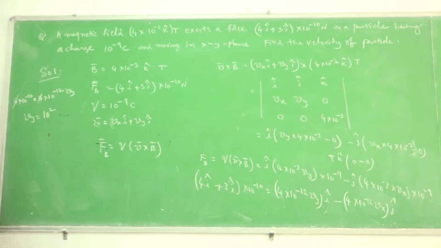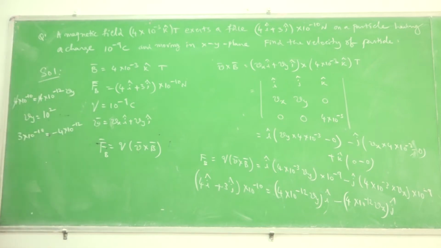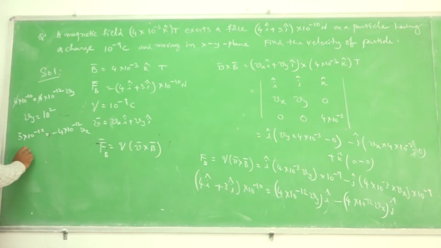Similarly, if you compare j coefficients, 3 into 10 power minus 10 must be equal to minus 4 into 10 power minus 12 Vx. So Vx is equal to minus 3 by 4 into 10 square. That is 10 square means 100, 100 by 4 means 25, so minus 75.